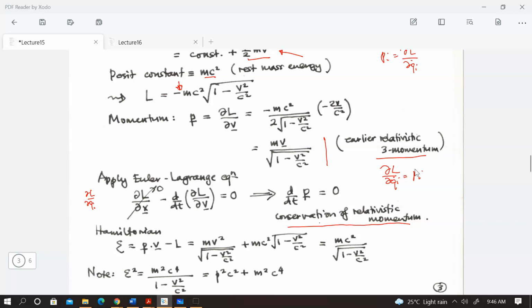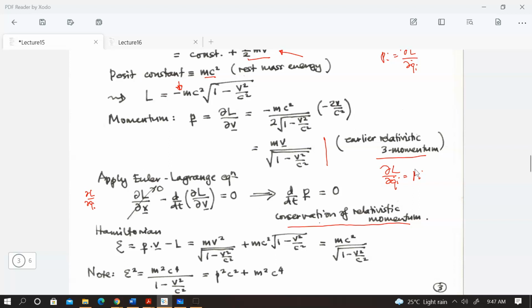So we need to take the coordinate time derivative. Okay, so in that sense, you are dealing with something which is dependent on reference frame, which is not so good.